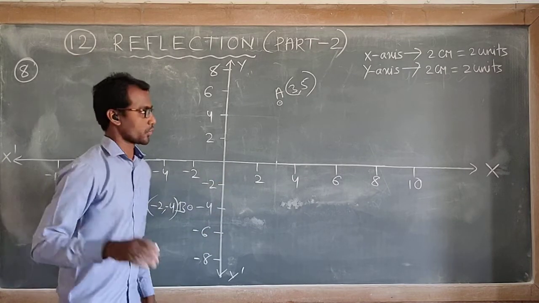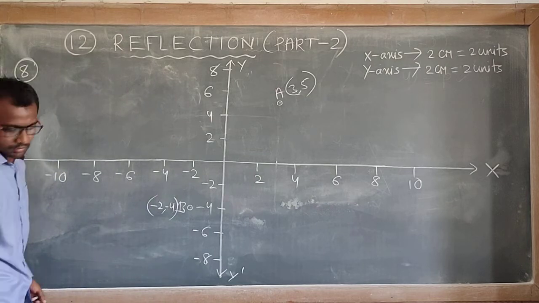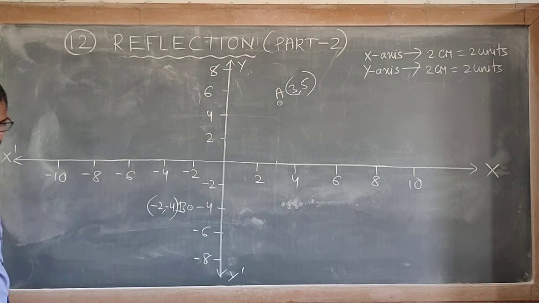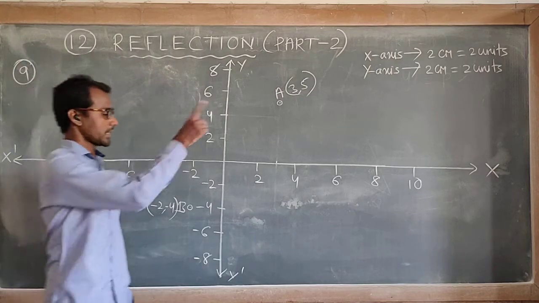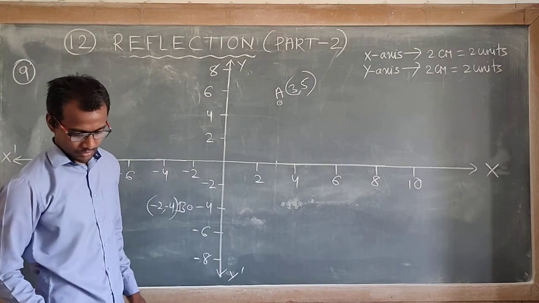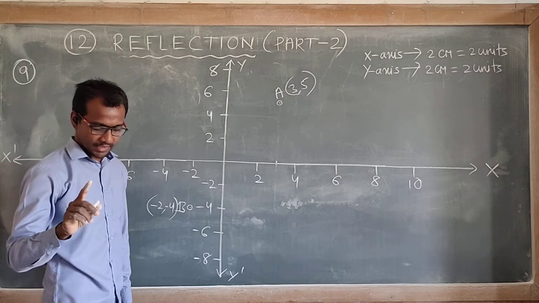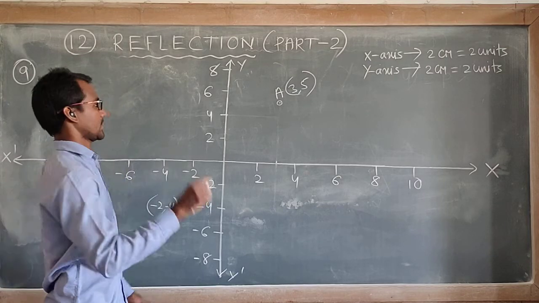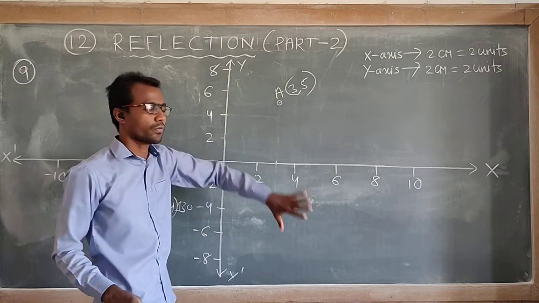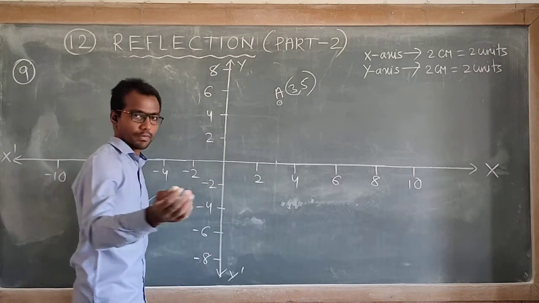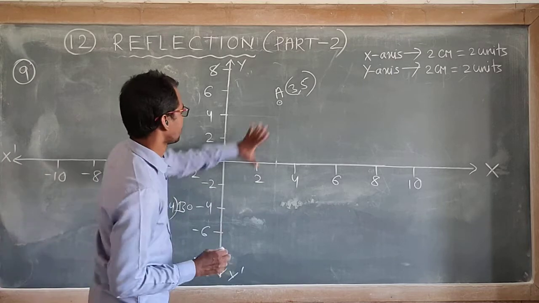Question number 9. Sorry, I forgot. Question number 9. I have already plotted the points A and B according to the question. Okay. A dash is the image of A when reflected in the x-axis. So let us reflect this point in the x-axis. Its image will be formed in the fourth quadrant. Obeying the laws of reflection, object distance is equal to image distance.